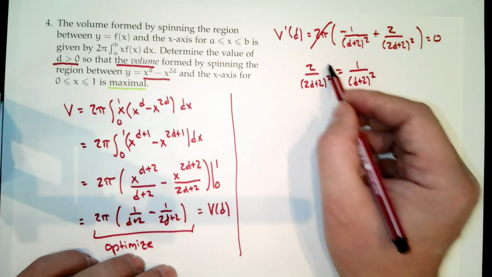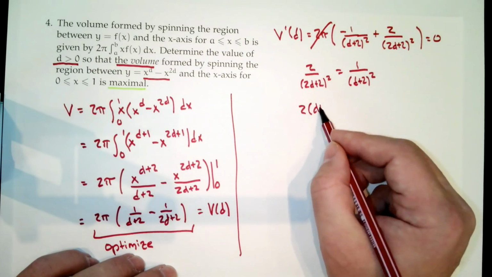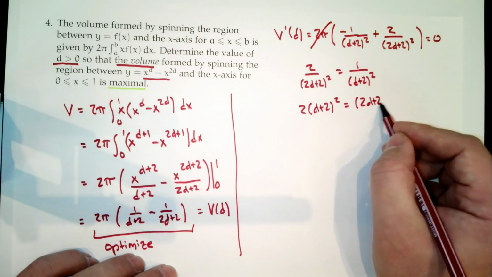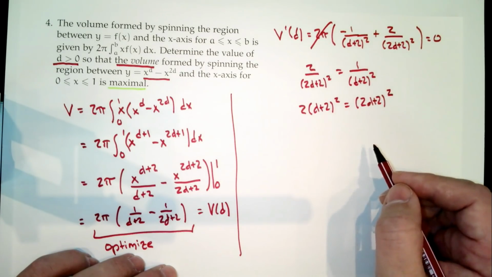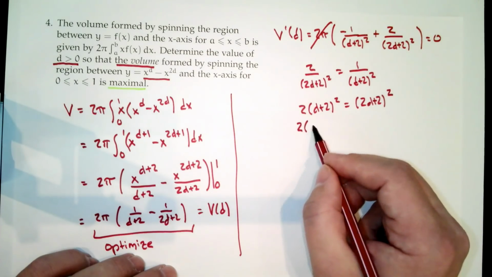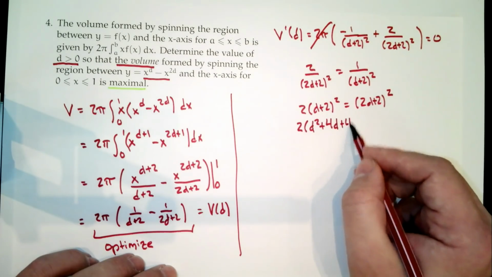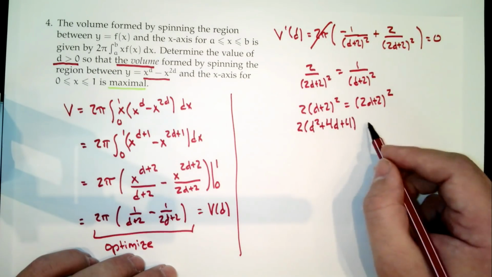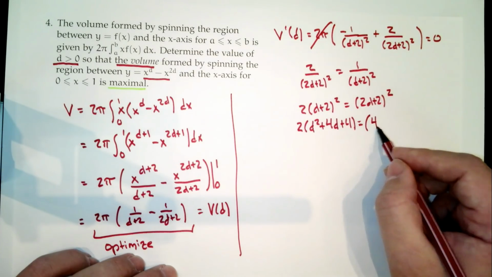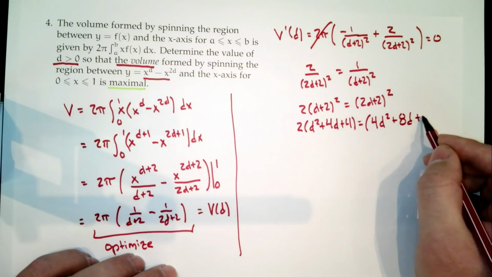And then I can do what's called cross multiply. So 2 times d plus 2 squared is equal to 2d plus 2 squared. Okay, so now it's just patience. 2d squared plus 4d plus 4, that's what you get if you square that, is equal to, if you square this, you get 4d squared plus 8d plus 4.